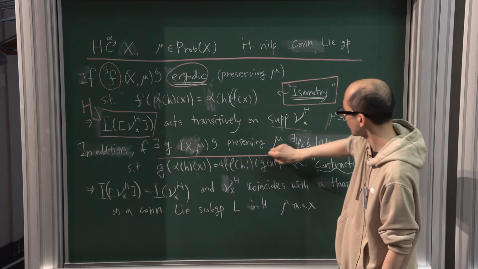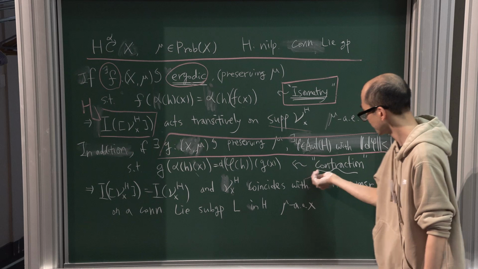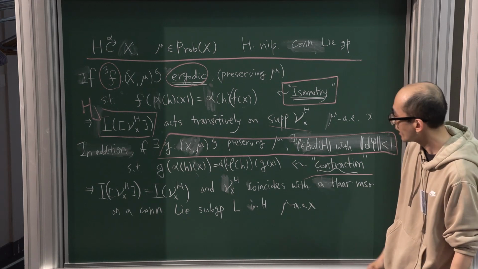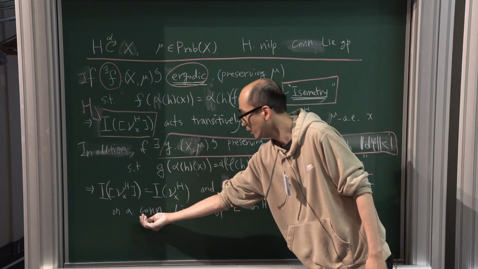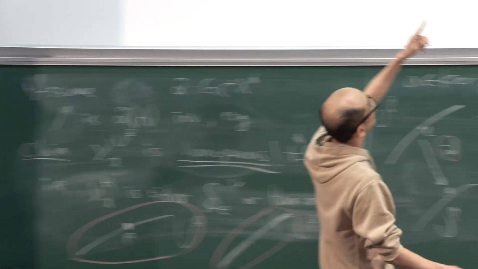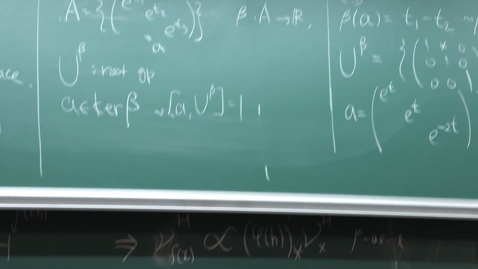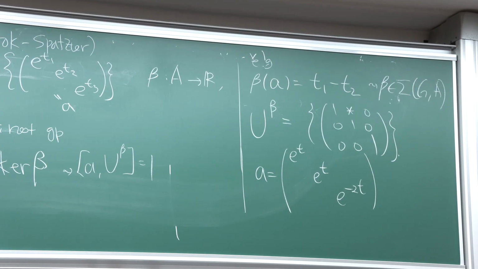Additionally, if you have a contracting dynamics, then your measure coincides with the Haar measure on a connected Lie subgroup. So let me give you the example. In the example, small a is isometric, right?